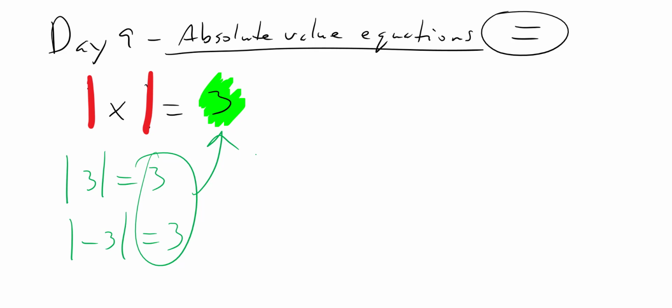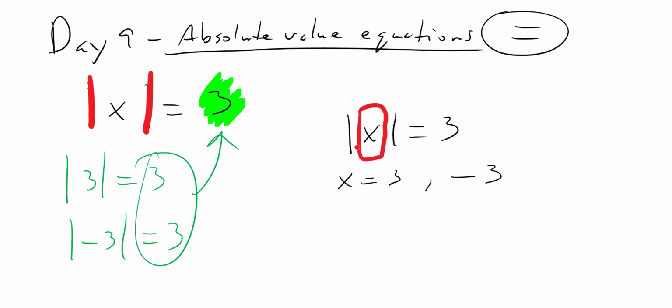So if I rewrote this problem, the absolute value of x equals 3, I have two answers: x equals 3 and negative 3. Those are my two answers. To put this in a nutshell, we set whatever's inside the absolute value, once it's isolated, equal to the positive and negative of that number.